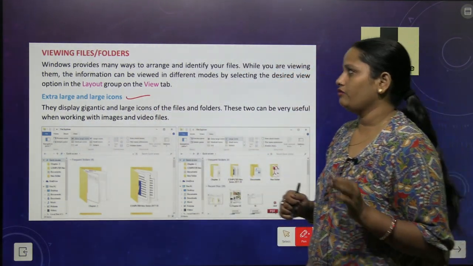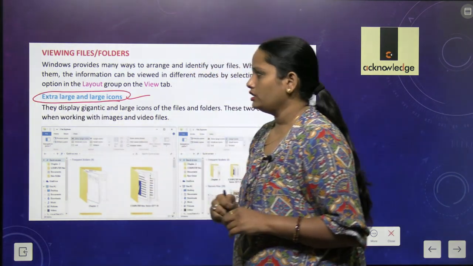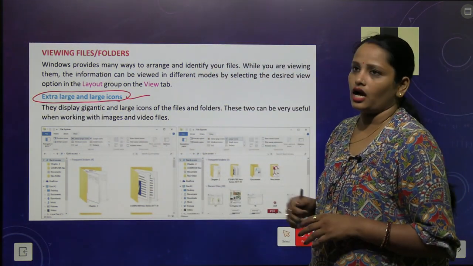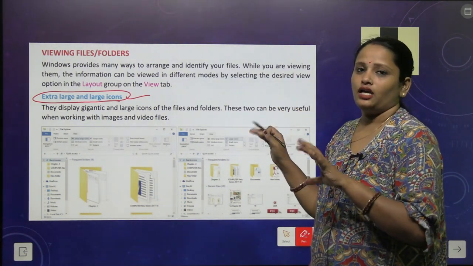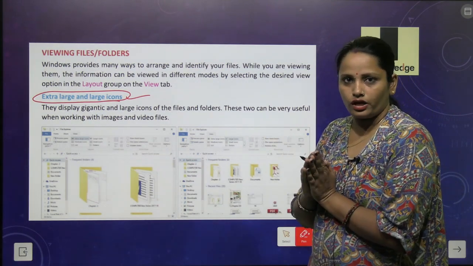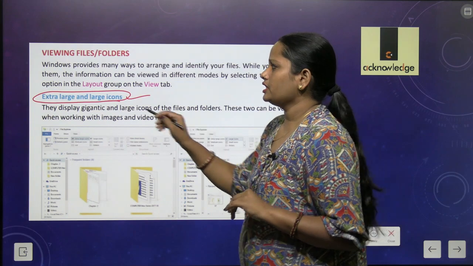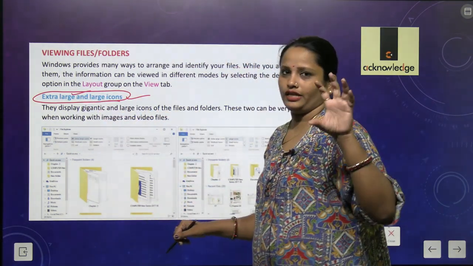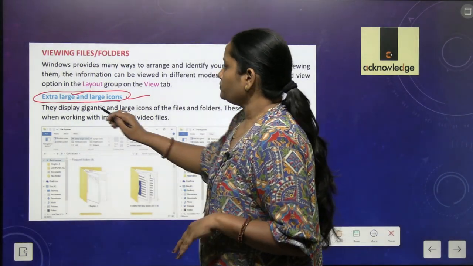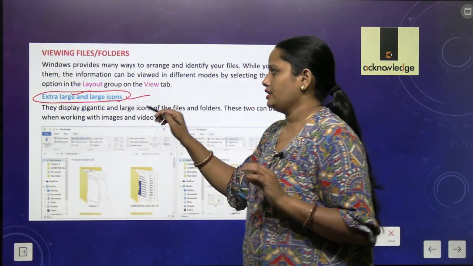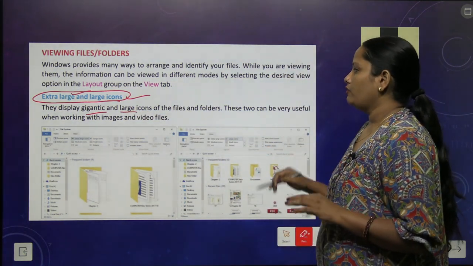First, how can we view this? This is the first view, extra large or large icon view. By the name you can understand that whatever file or folder we are looking for will be zoomed, meaning it will take extra large or large icons. These display gigantic and large icons of the files and folders.